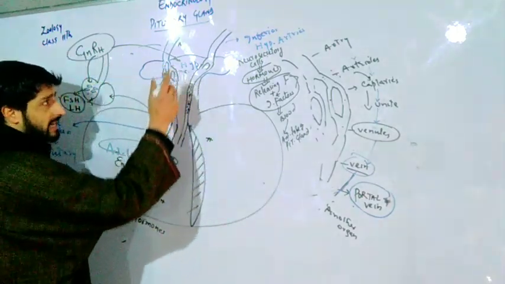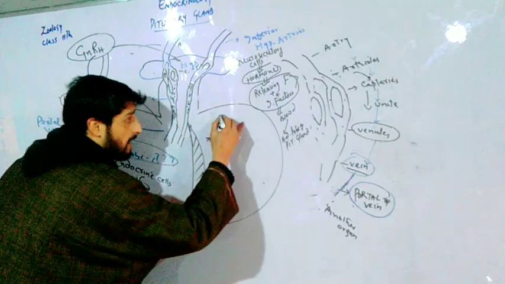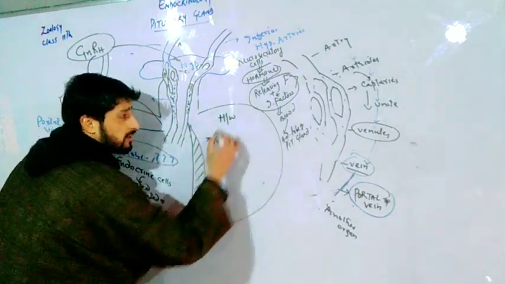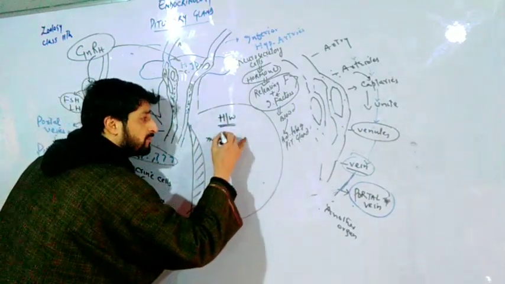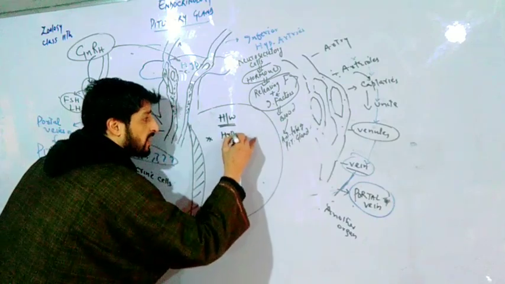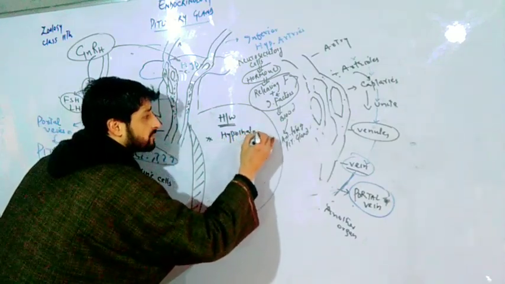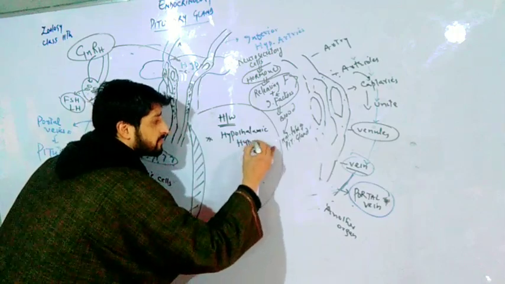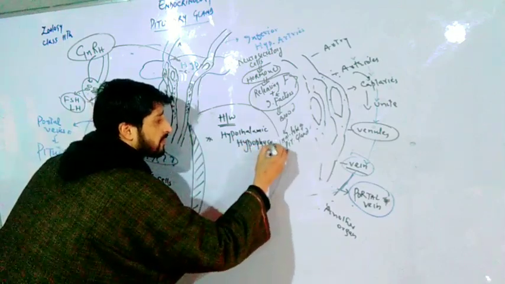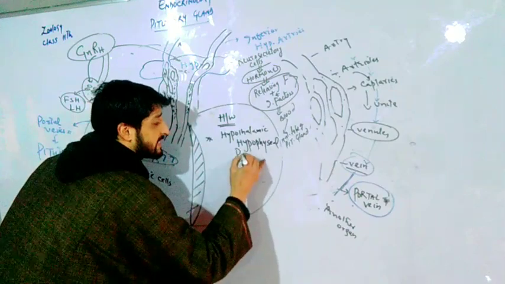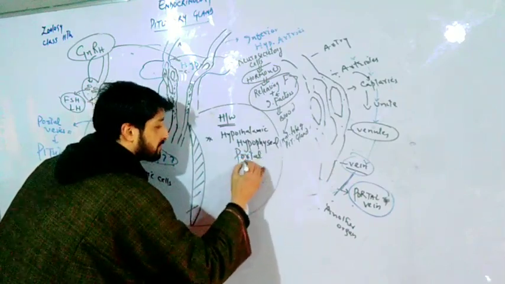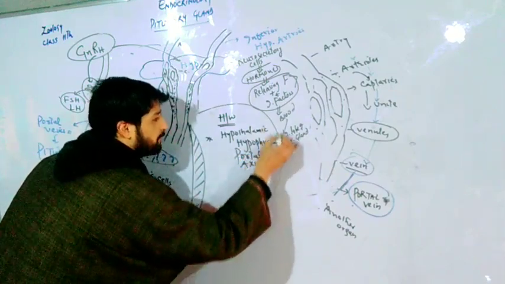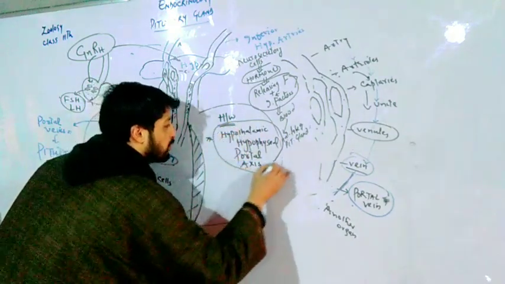What happens is that I have special homework for you. People, please study at home: what do you mean by hypothalamic hypophyseal portal axis? This is the simplest homework for you people at home.